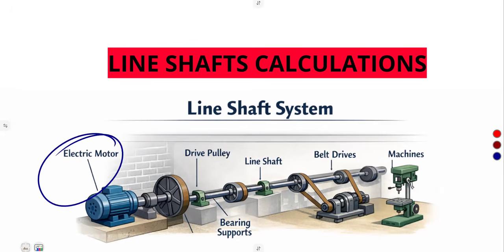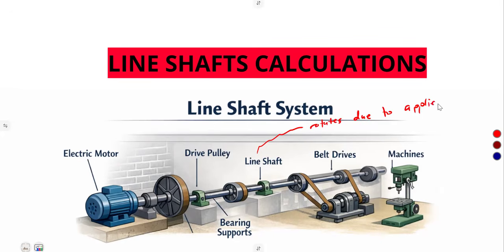So, meaning to say, in our calculations, the motor is to be considered, as it has properties which are affecting the line shaft, and also a line shaft rotates due to an applied tangential force.